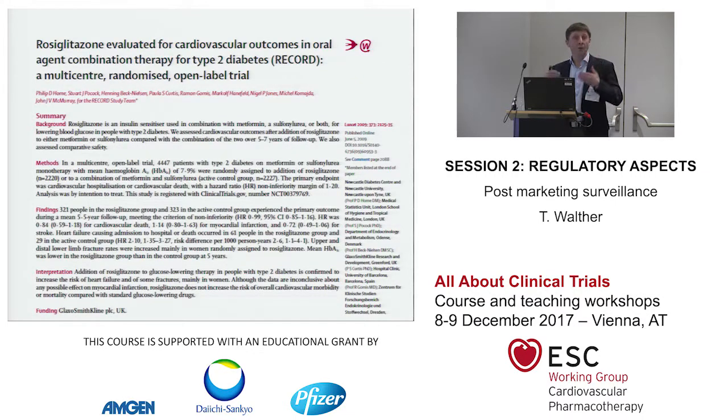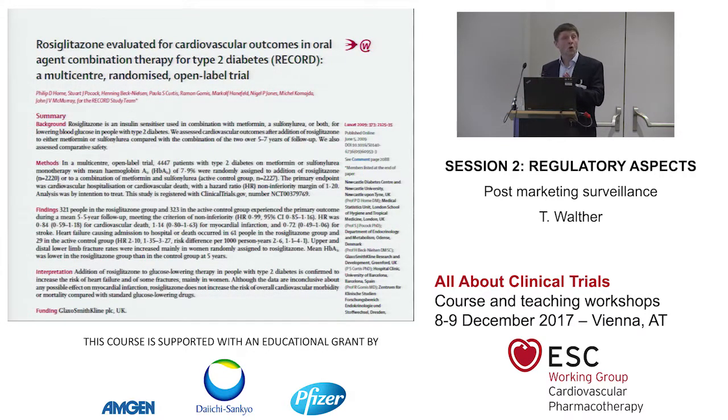However, in parallel, as I said to you, the company had been forced by the EMA to perform a clinical trial. The clinical trial was named RECORD, and it was then published in 2008 or 2009 in the Lancet. The outcome was, and it's quite small here, that we see more fractures in females, and indeed we have a higher incidence of myocardial infarction.